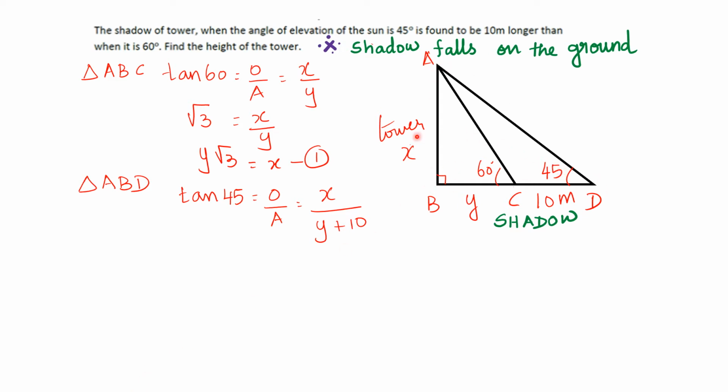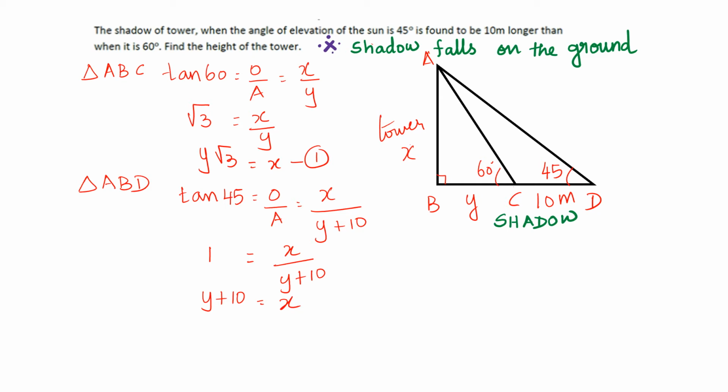Tan 45, opposite is x, adjacent is y plus 10. Okay. So tan 45 is 1 equal to x by y plus 10. Then y plus 10 equal to what? Cross multiplying, y plus 10 into 1 is y plus 10. Y plus 10 equal to x.